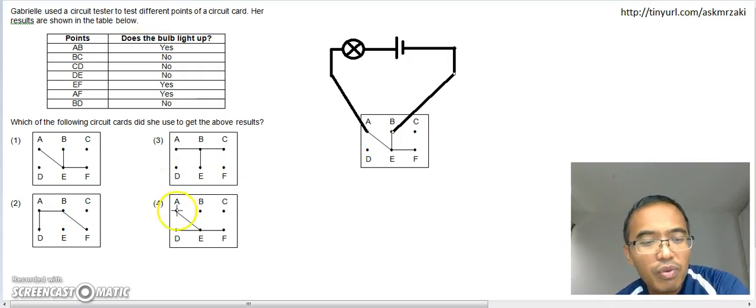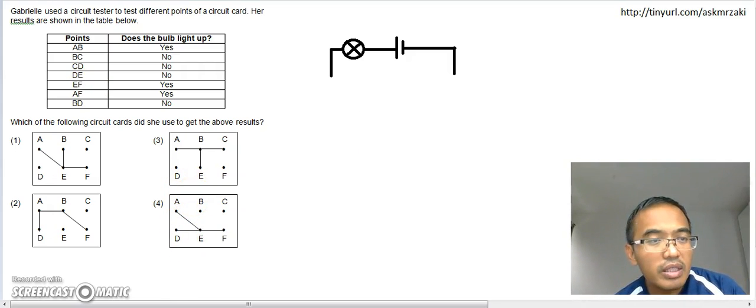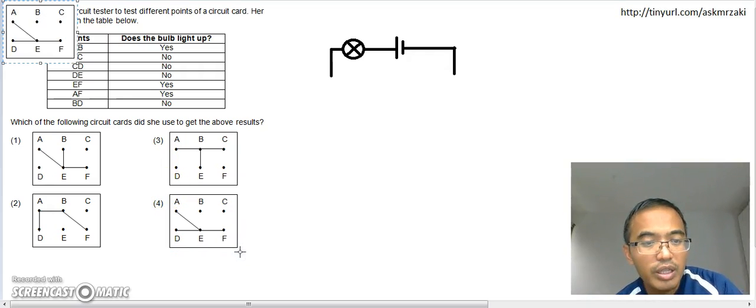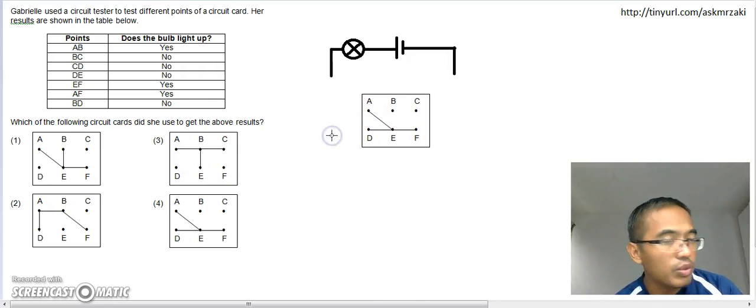Let's do it one by one. We know that number four can't be the answer. Why? Look at number four. If I were to put number four here, and you don't have to do this in the PSLE or in your exam, but I'm just going to show it to you so that you can see the thought processes in my head.